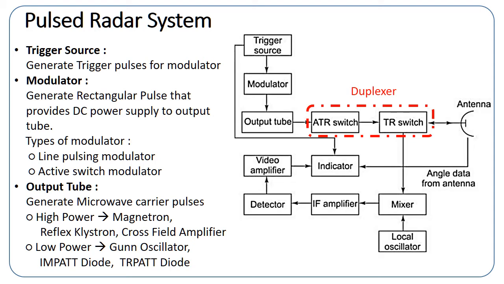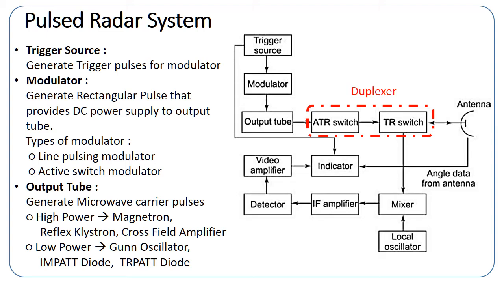The pulse forming network uses an inductor which is slowly charged and later on discharged rapidly through the transmission line, which will generate large voltage pulses across the output. Next type of modulator is active switch modulator. Active switch modulator is a low level pulse modulator.